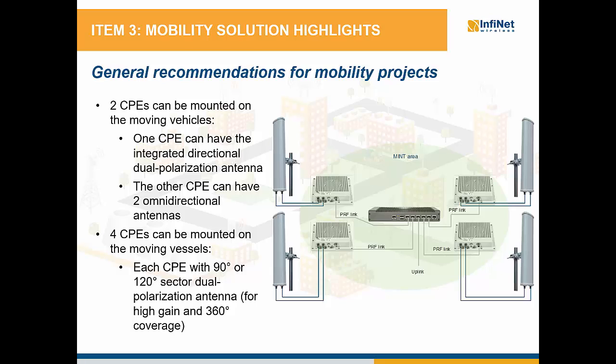And in this case, vice versa from the situation for an on-the-land mobility project, the base station can have a directional dual polarization antenna. What I wanted to show you in this webinar is that we have flexibility. We don't limit the deployments. Depending on the mobility project, you can use any kind of antenna that allows you to receive the best performance in your deployment.